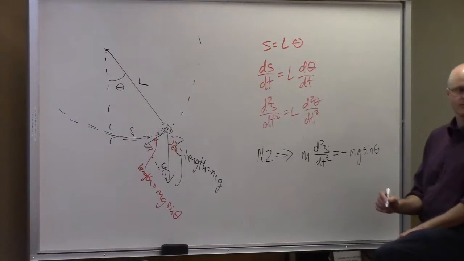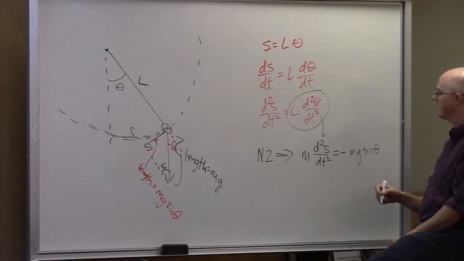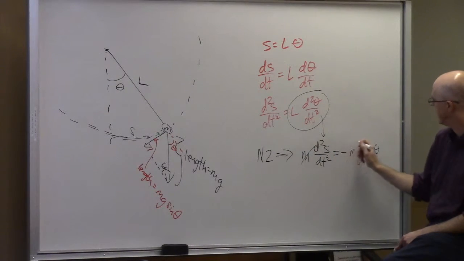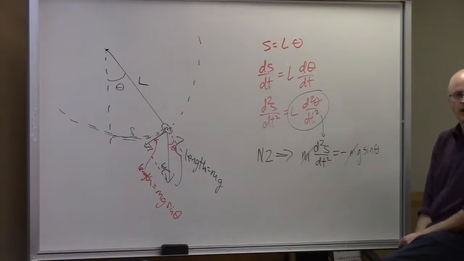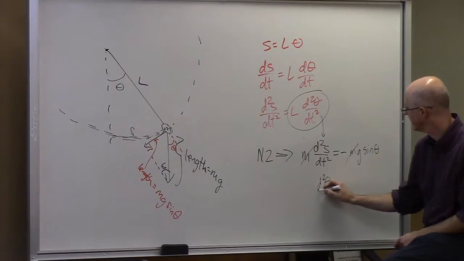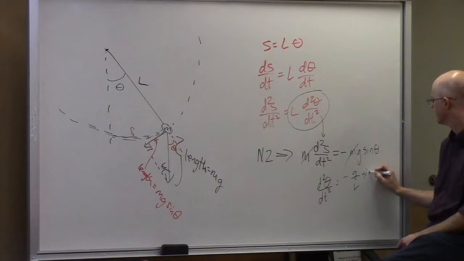We want to get things in terms of theta, so plug L times the second derivative of theta with respect to t into here. You can cancel the m's. You can also divide both sides by L. You can write that the second derivative of theta with respect to time is negative g over L sine theta.